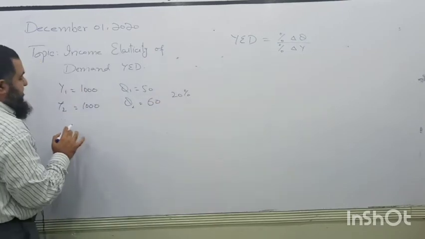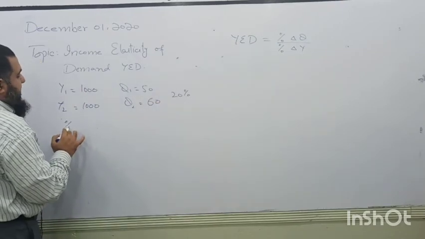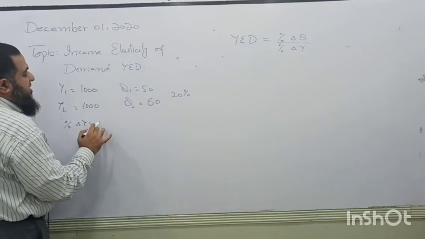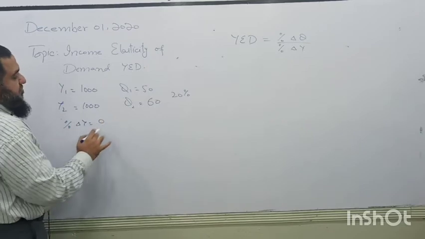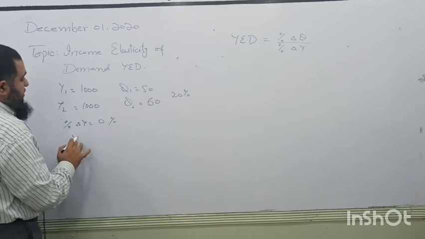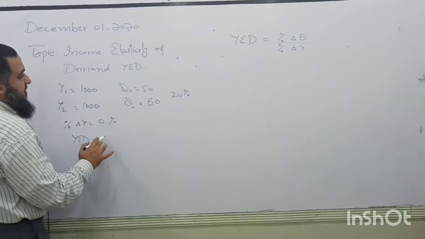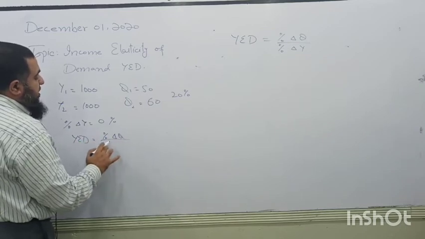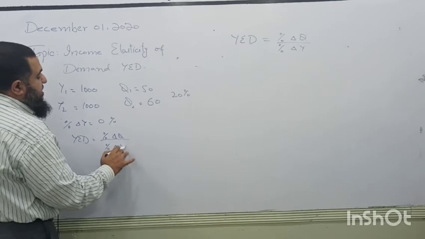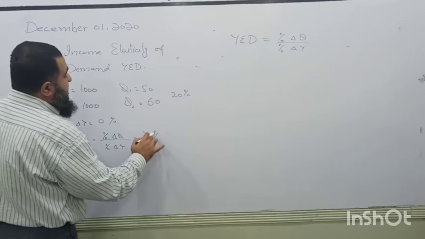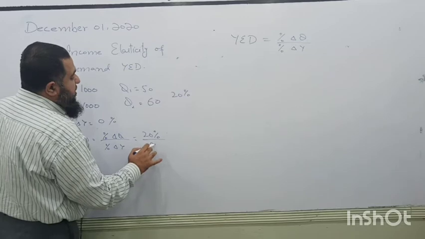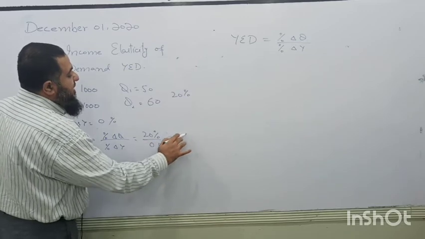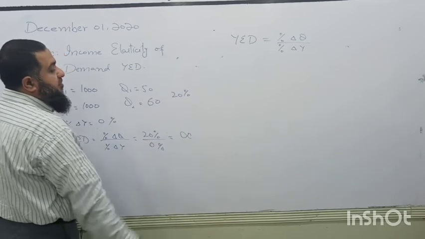But the percentage change in income is 0%. There is no change. So if we write the income elasticity of demand, this is the percentage change in quantity due to percentage change in income. So 20% over 0%. So what will be the answer? Infinite.